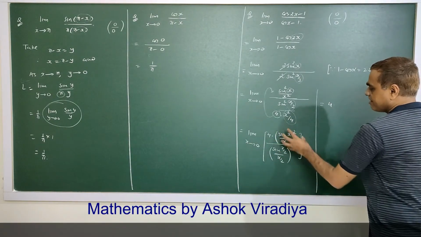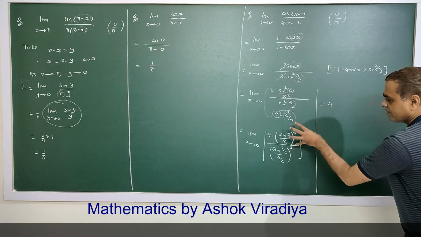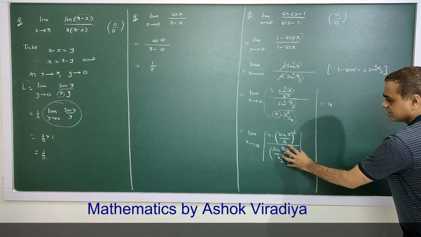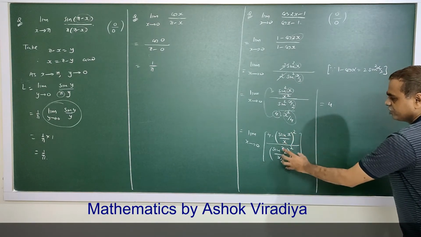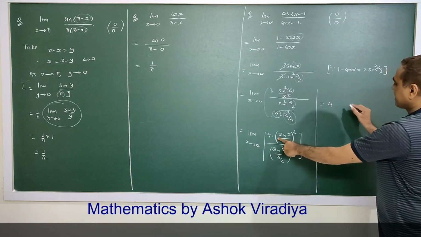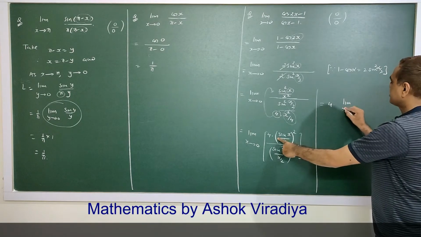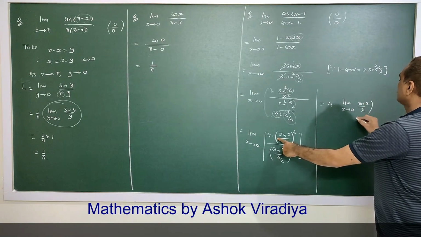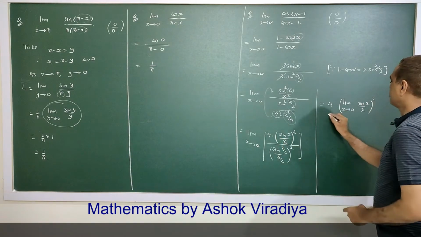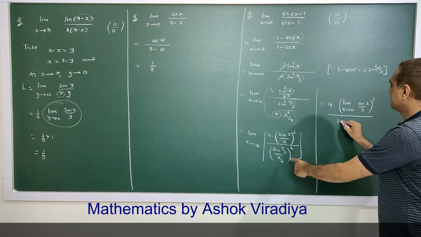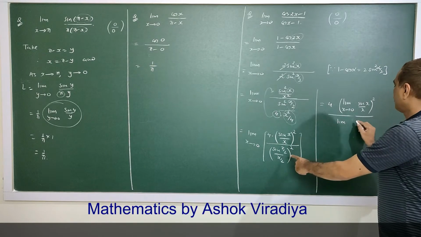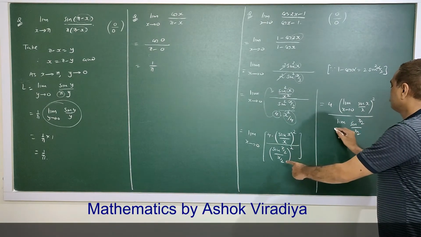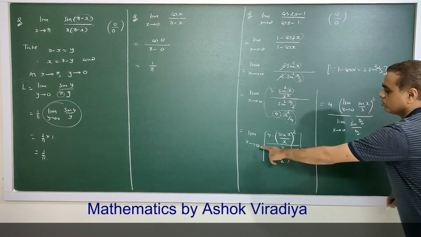Now limit of f upon limit of g. So we give individual limit. So put a limit inside the bracket: limit x tends to 0, sin x by x whole square upon limit sin of x by 2 upon x by 2, x tends to 0.